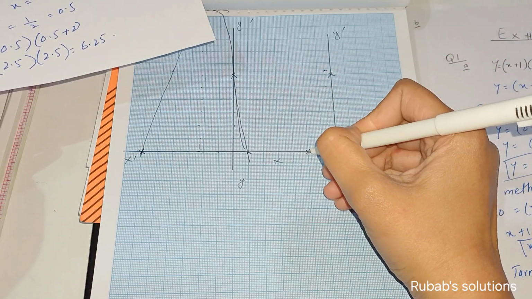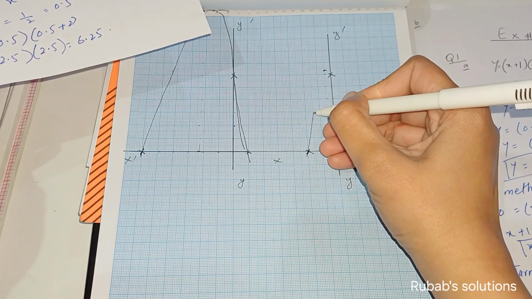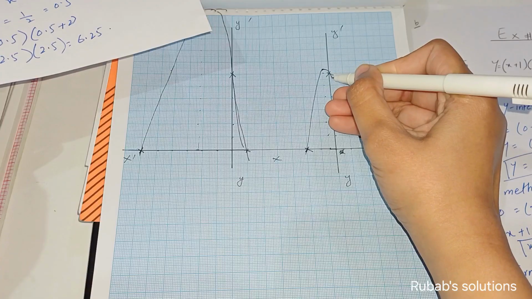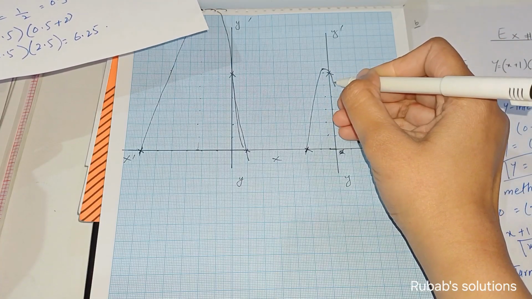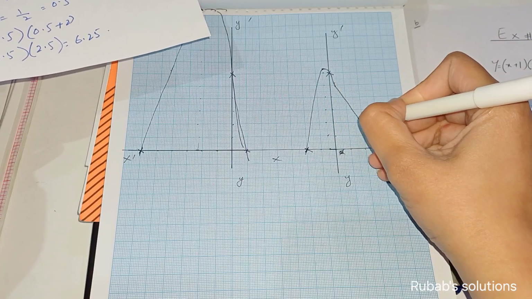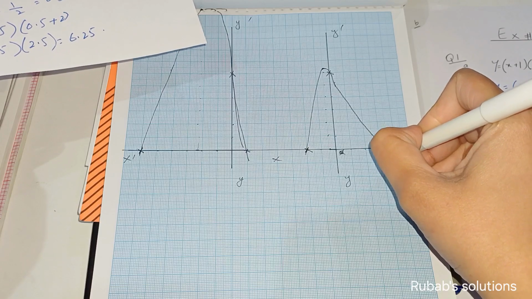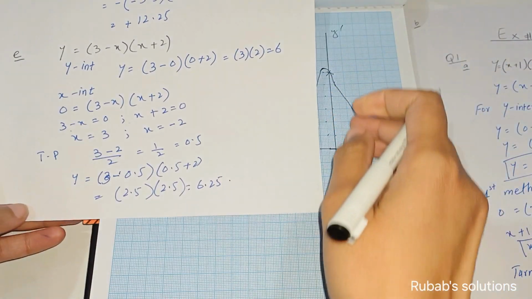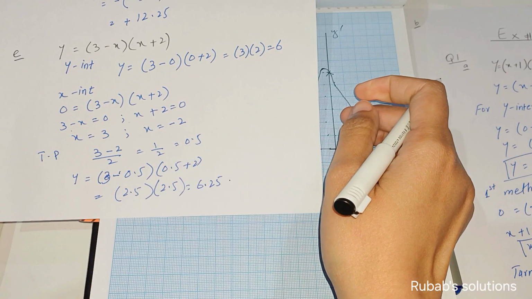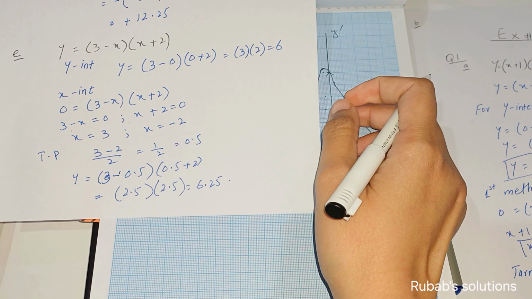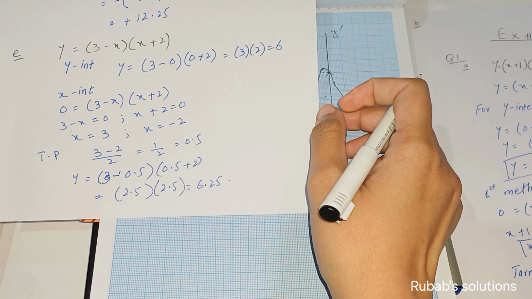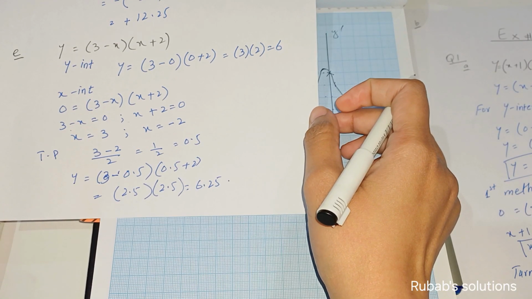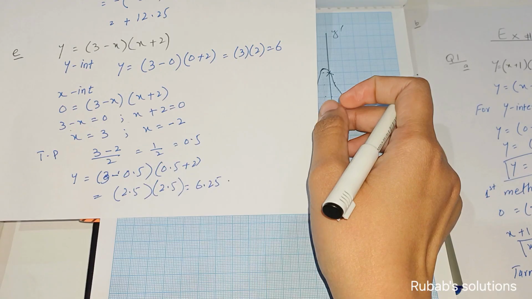Let's join the points. It will be coming down down down down down and it will be over here. This turning point looks a bit wrong to me. Let's figure it out again.